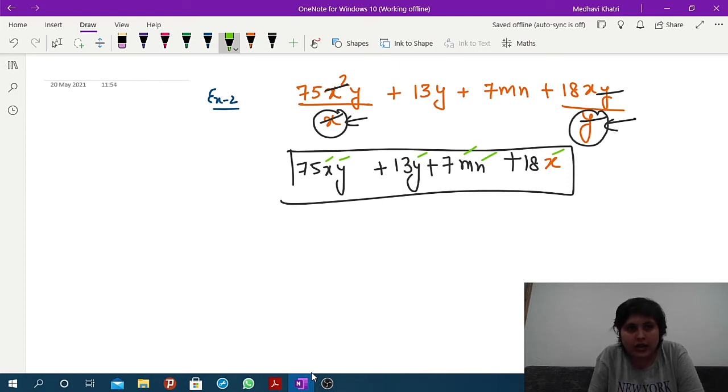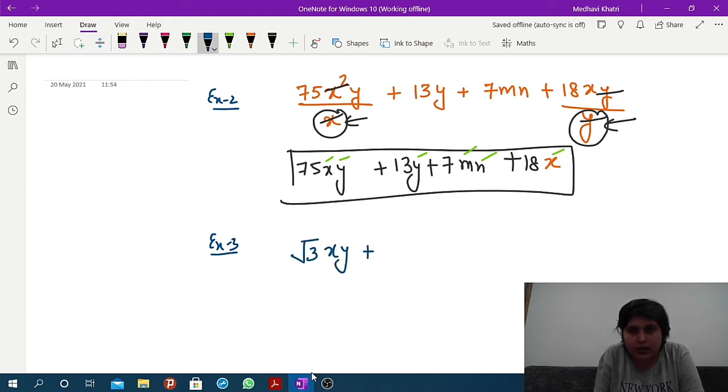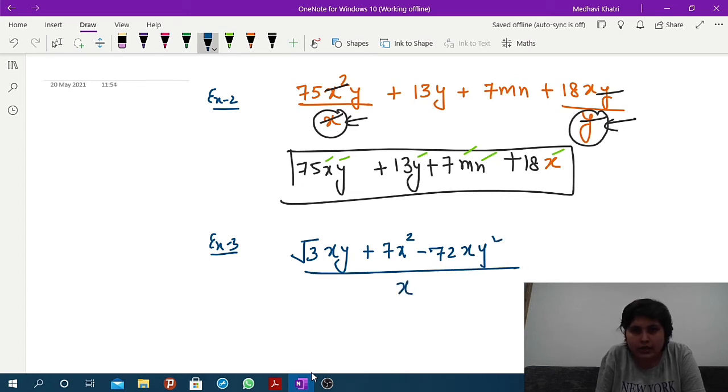Now let us take another example. Example number 3. Root 3 xy plus 7x square, no, this will be minus 72 xy square upon x. Clear?